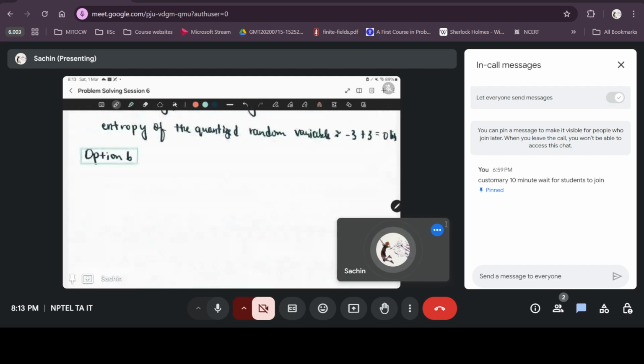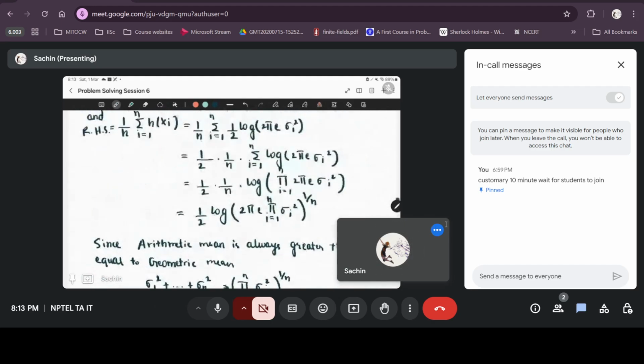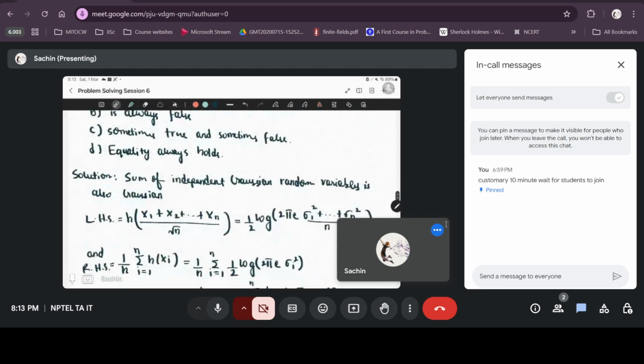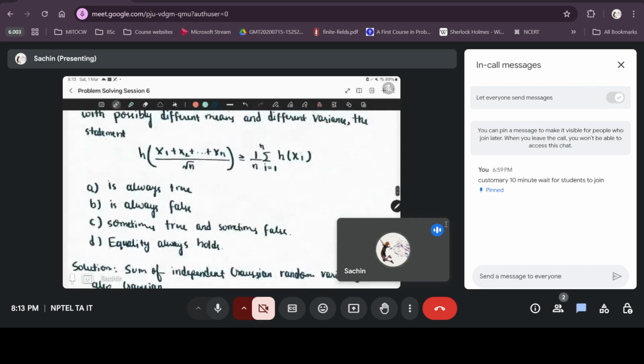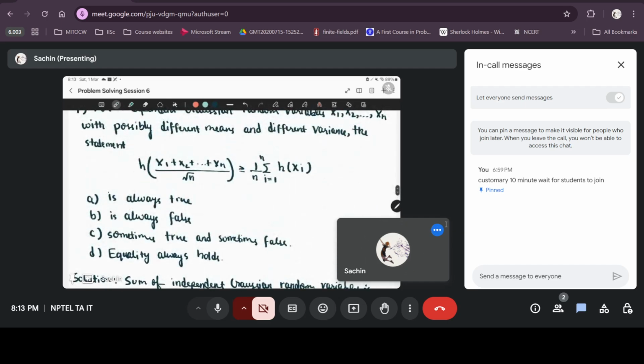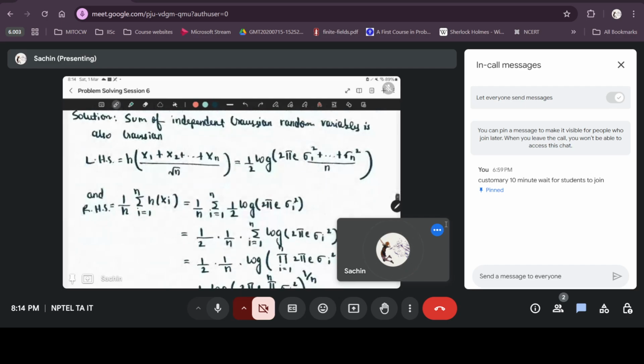So remember the previous question where we had calculated the differential entropy of a sum of Gaussian random variables, except that we had a factor 1 over square root n. If we have that factor, then this is the entropy.